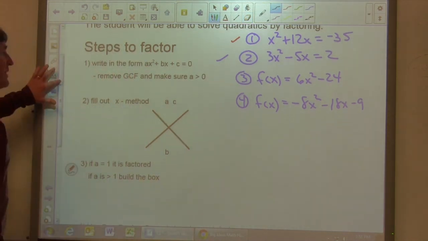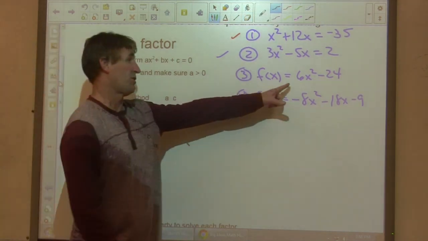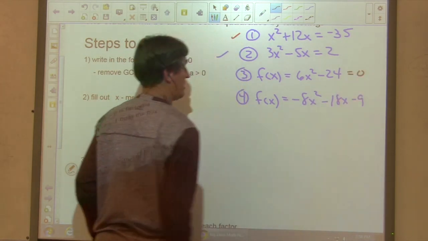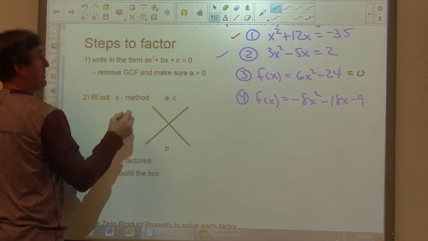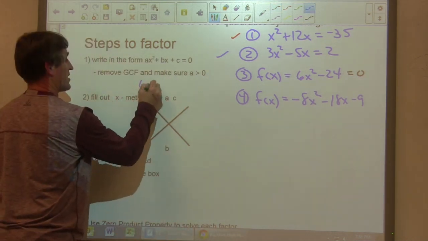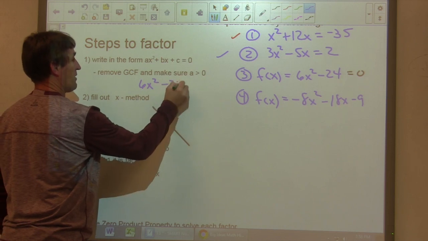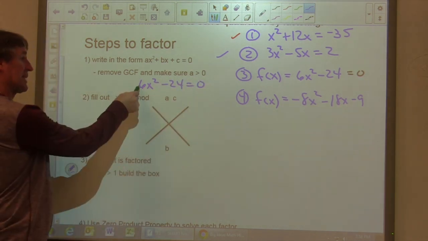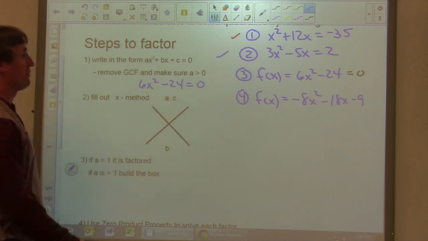Alright, so now this one's a little different. Again, it's the function notation. So we want to know, when is this equal to 0? But now we don't have a b. So we just have 6x squared minus 24 equals 0. So now, remember, our 6 is a and our negative 24 is c.